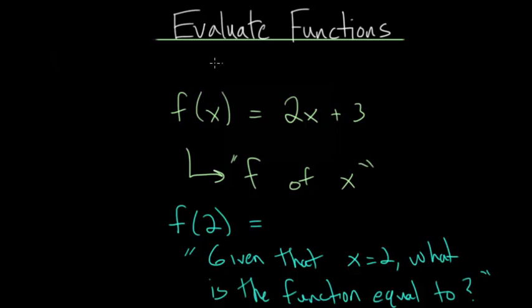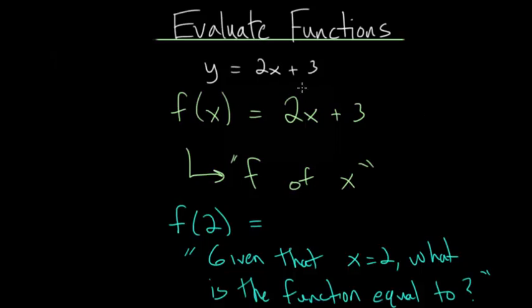Up until this point, you've seen it written more as an equation, like y = 2x + 3. While this notation is useful, it runs into an issue when you want to ask this specific question: given a specific x value, what is the y value? That's where this equation notation kind of breaks down.